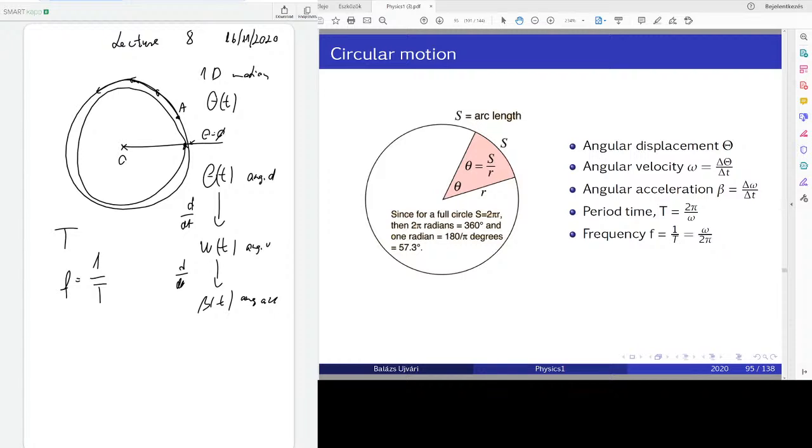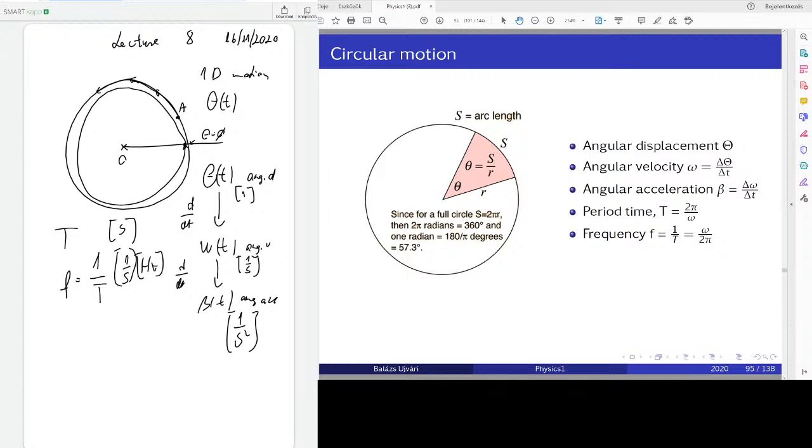For historical reasons, we don't use 1 over s, but the hertz to describe it. So this is second, this is the unit, this is 1 over s, and this is 1 over s squared. So these are the quantities we use to describe the circular motion.